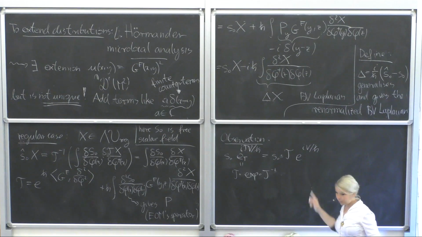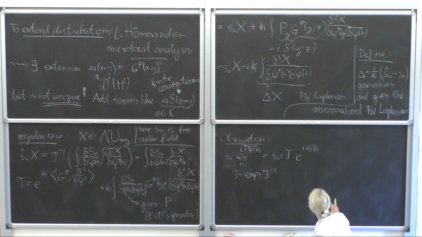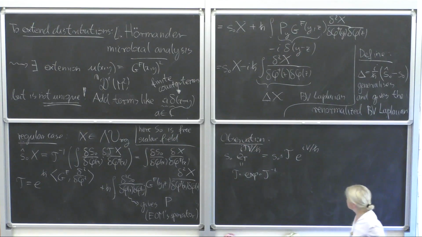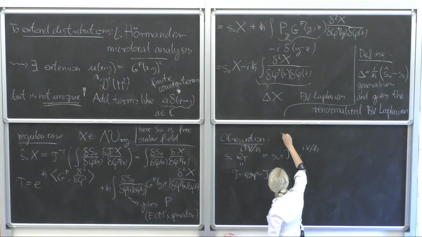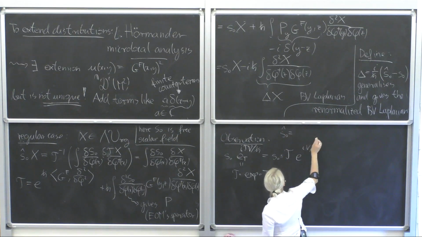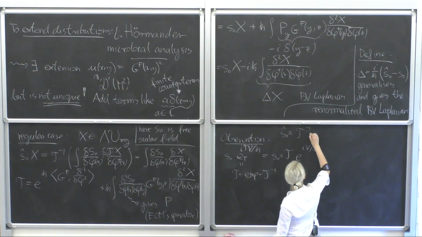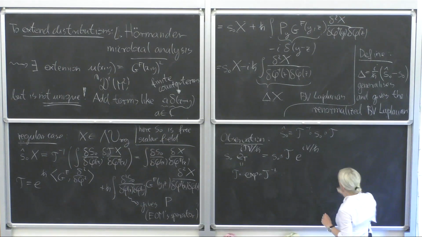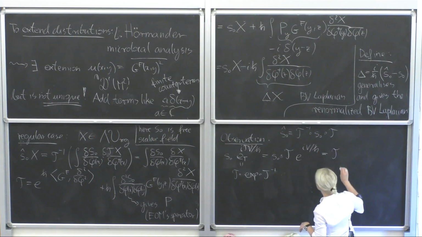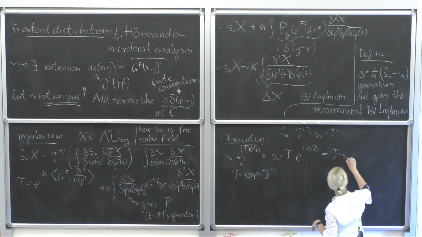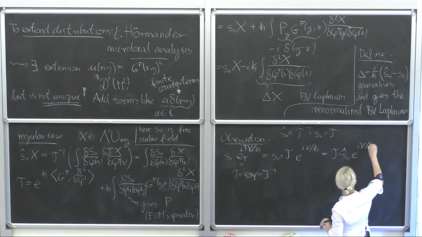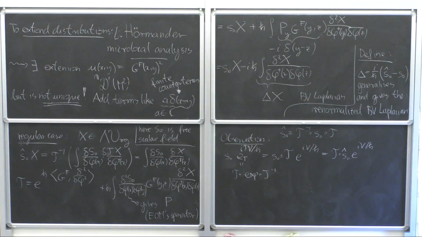Now using the definition of S0 hat, S0 hat was T minus 1, S0, T. I can write it also with S0 hat. So it's T times S0 hat of e to the iV over h bar. This is just rewriting things.